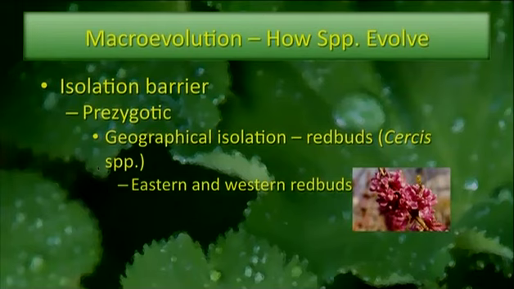Each of these two different species look kind of similar, but they're so adapted to the habitats that they live in that if you transplant one into the habitat of the other, they'll tend to die. So the eastern redbud and the western redbud might have evolved from one. That's called geographical isolation.